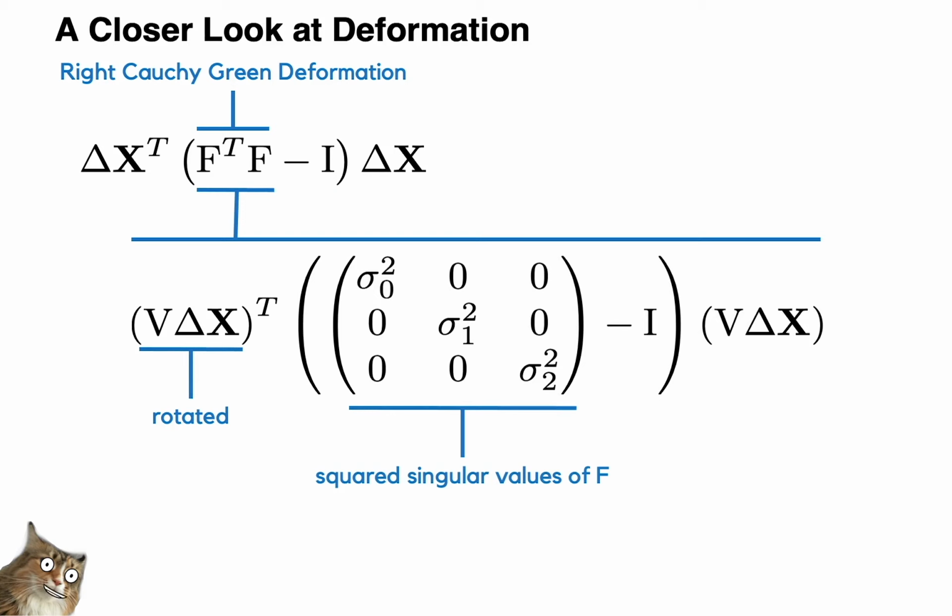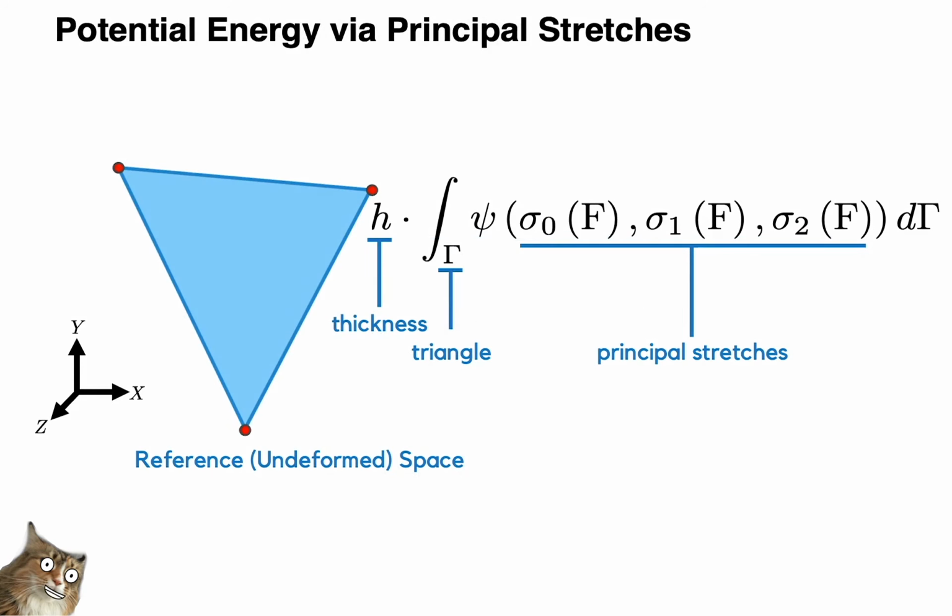Because the Cauchy-Green deformation tensor is a product of a matrix and its transpose, we know that these eigenvalues are really the squared singular values of the matrix, which we can compute by applying the singular value decomposition to the deformation gradient F. If we assume that the material we are simulating is isotropic, that its strain energy density only depends on the total stretch encoded by the singular values, and not on the direction of the stretch encoded in V, we can express our strain energy density as a function of just these singular values, themselves a function of F. In this context, we give these singular values a special name.